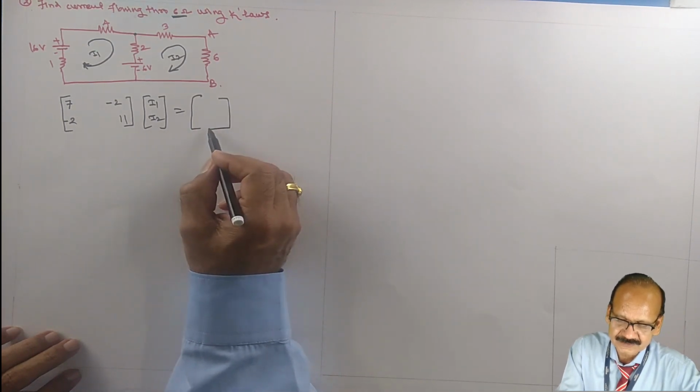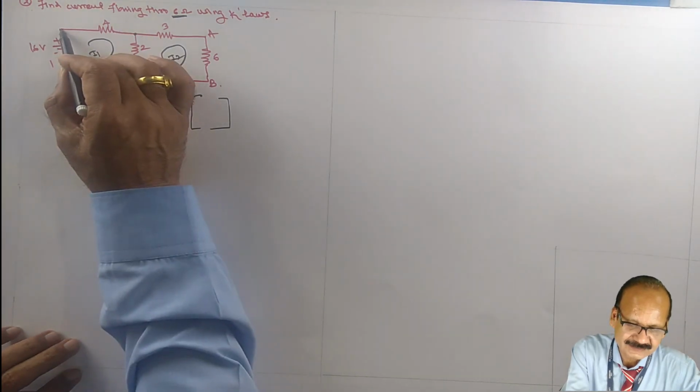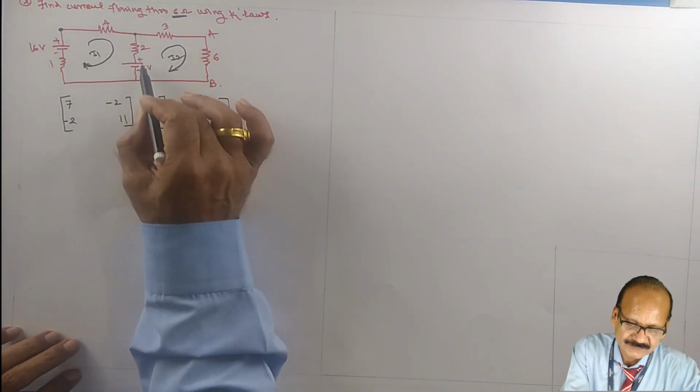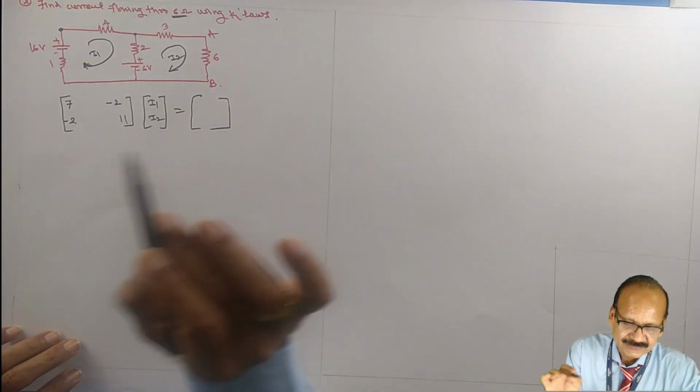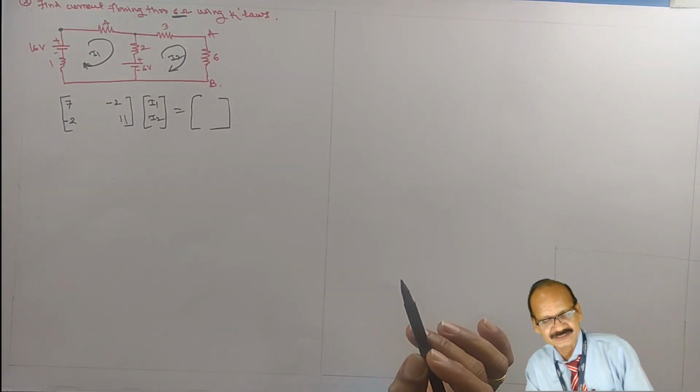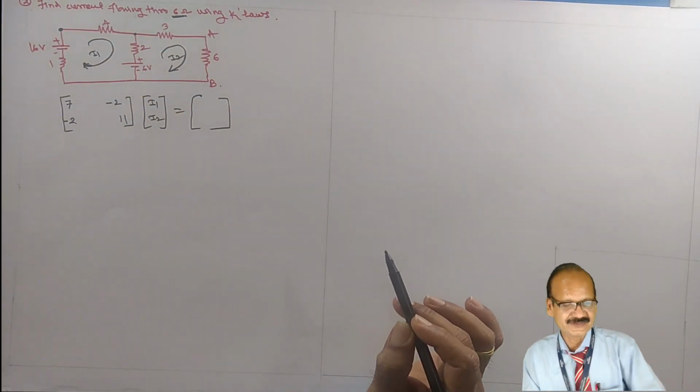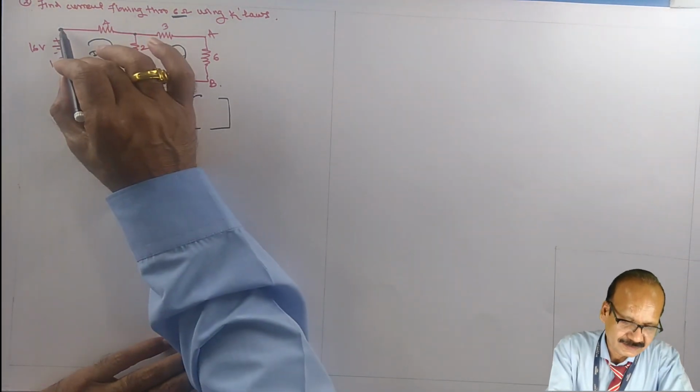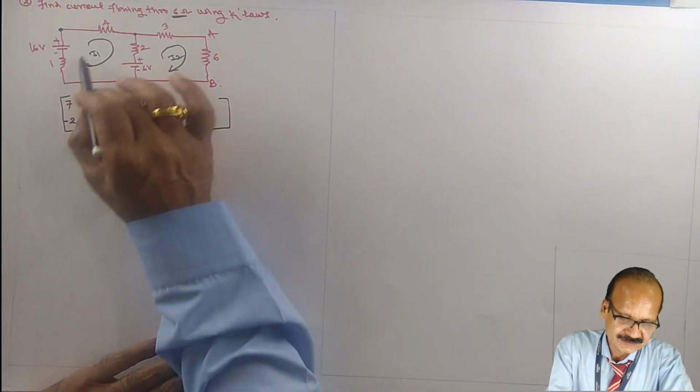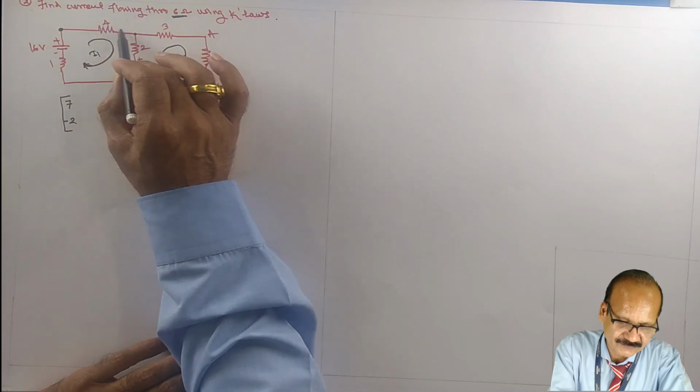Now come to the voltage matrix. Let us start with the first loop, I1. You can start from any point, but you have to reach the same point again, meaning you have to complete the closed path. So I1 is flowing through the 4 ohm.